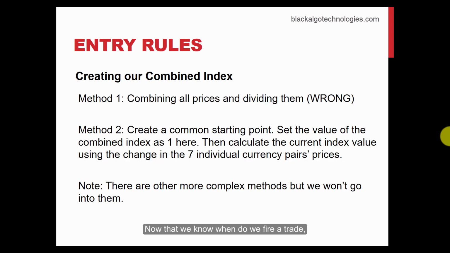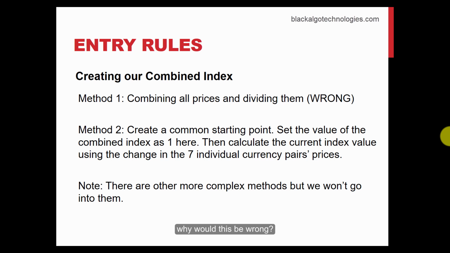So now that we know when do we fire the trade, let's talk about the creation of our combined index. How do we build this index? As mentioned before, one way, which is the wrong way, is to combine all prices and then divide them by 7. So take 5 seconds, think about it.